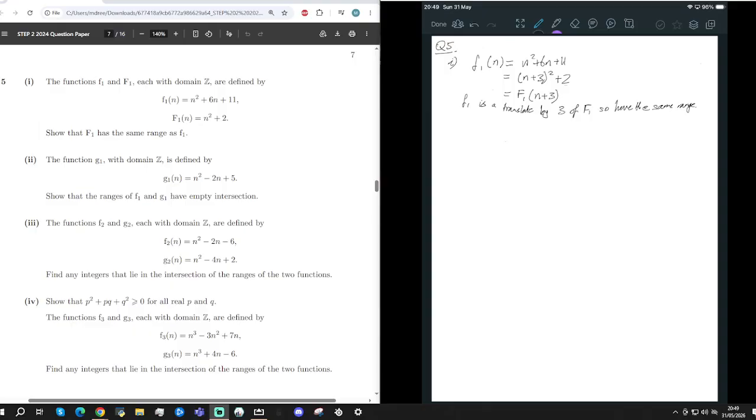In particular, if we wanted to get a particular output of little f1, we'd simply use 3 less as the input to capital F1 to get the same output.